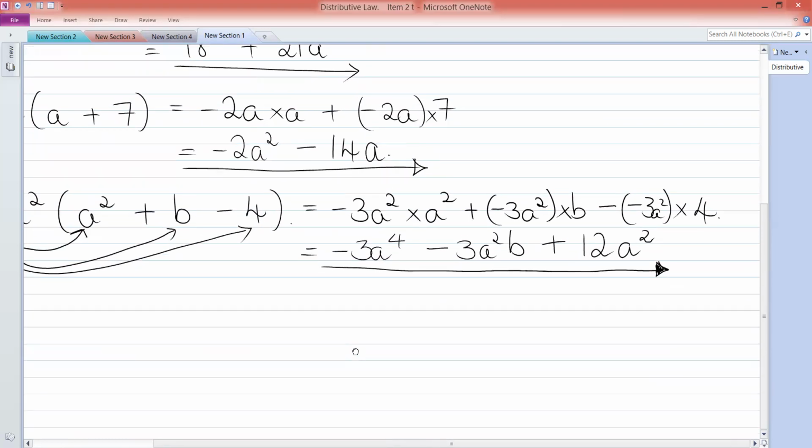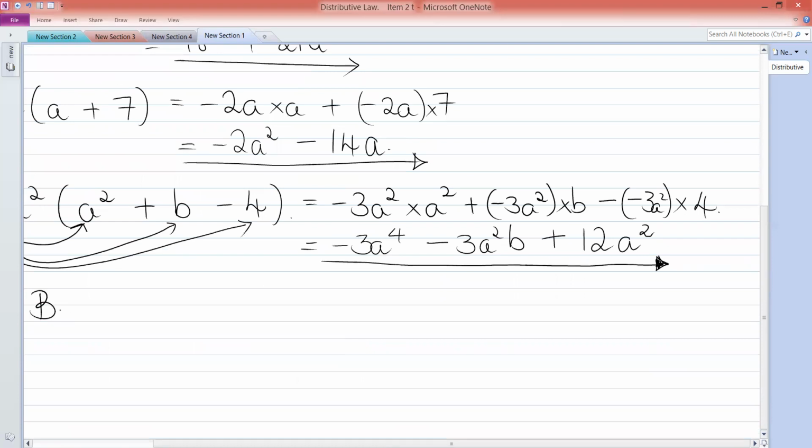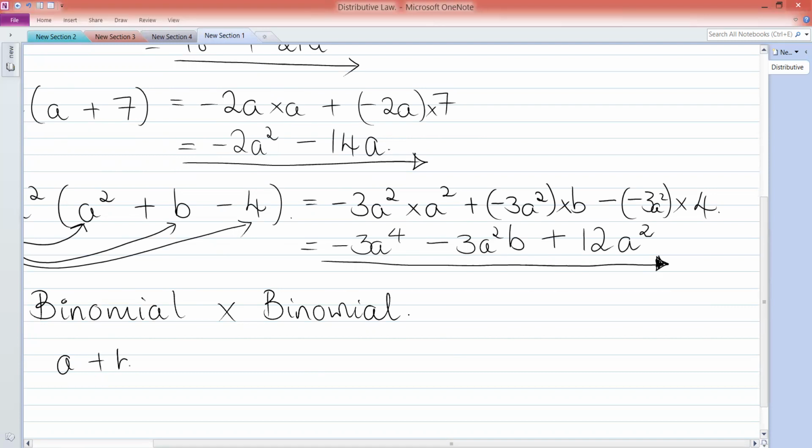All right. Now let's go on to what we call multiplying a binomial with another binomial. Okay. Now, this time, you can have A plus B there multiplied into C plus D. There's several ways of doing this. We're going to do it the slightly longer way, okay?